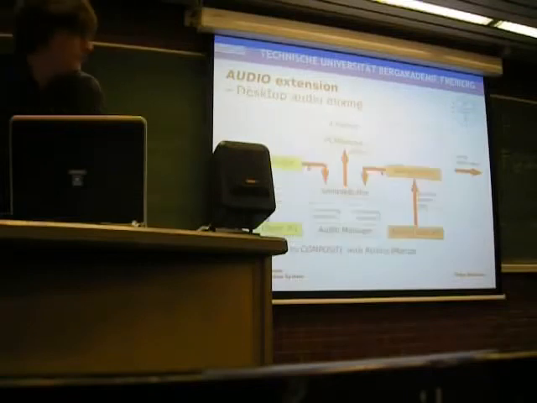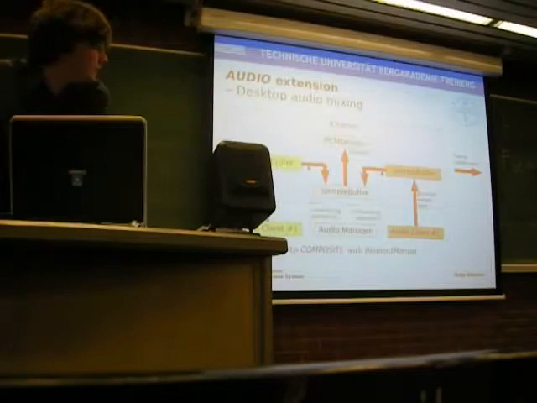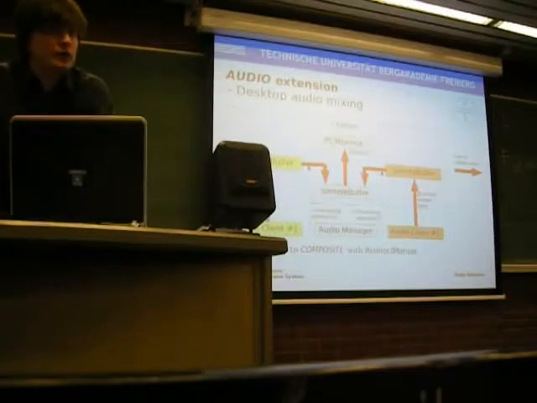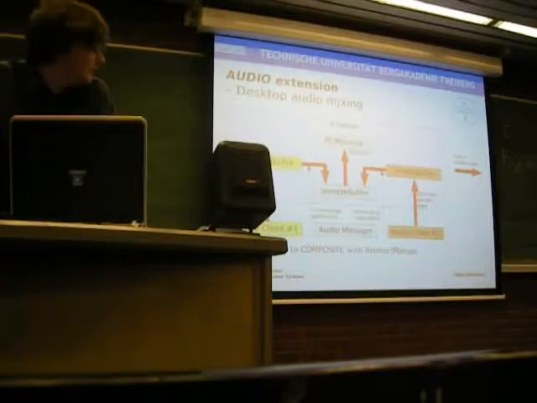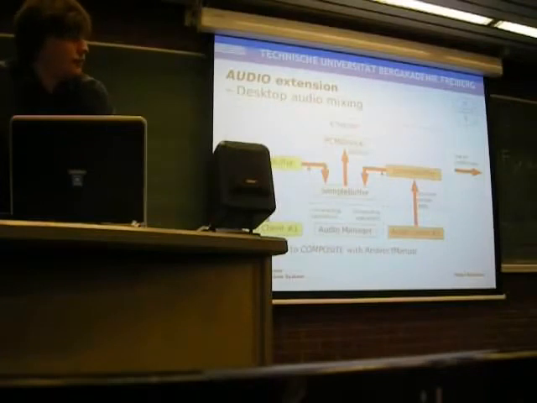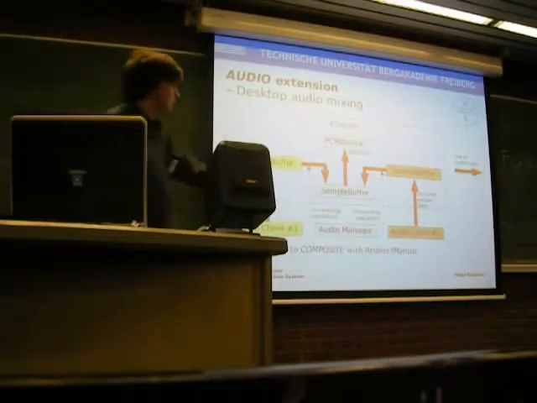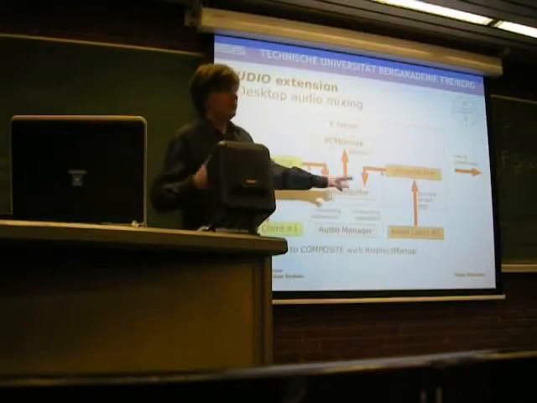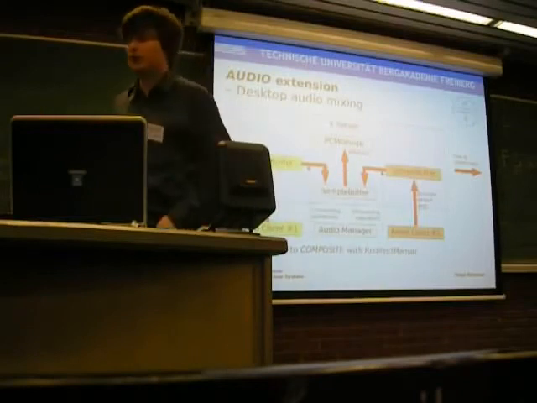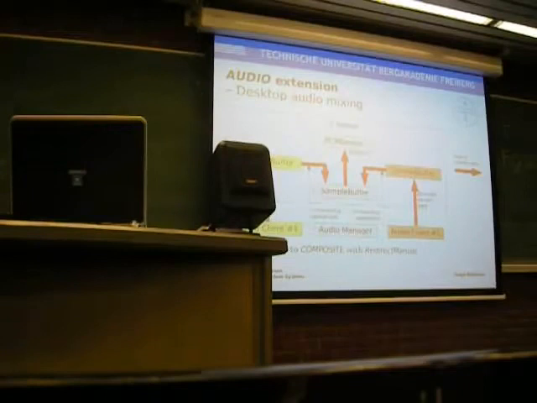So, now just a few words on the desktop audio mixing model. The way it works is roughly shown in this figure. The audio manager sets up playback through a PCM device from a sample buffer created by the audio manager, or multiple sample buffers if you want to use stereo audio, obviously.